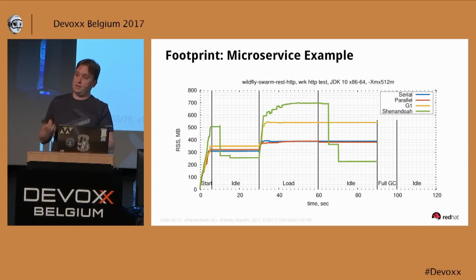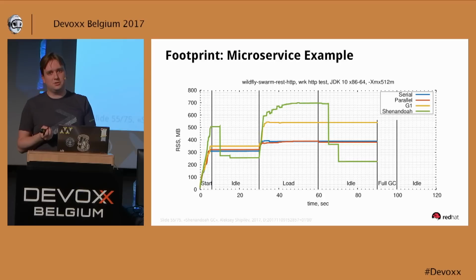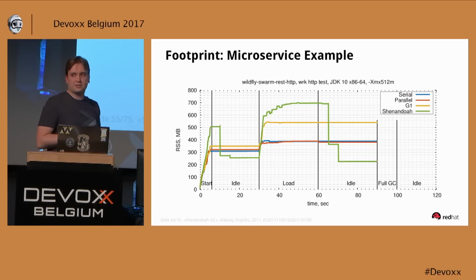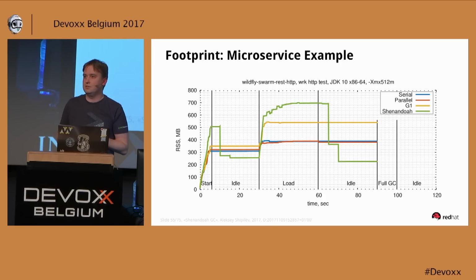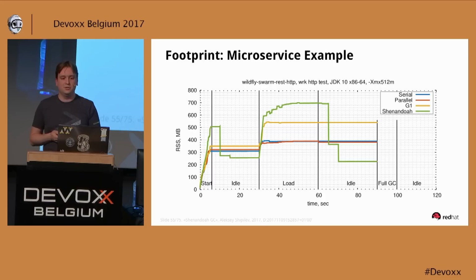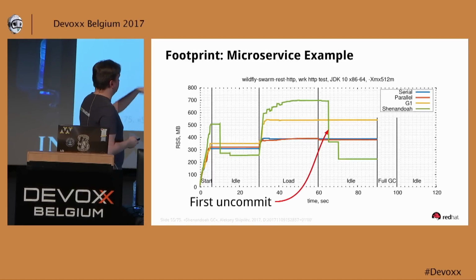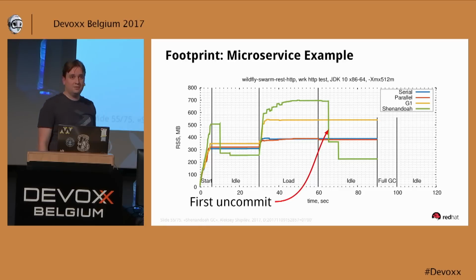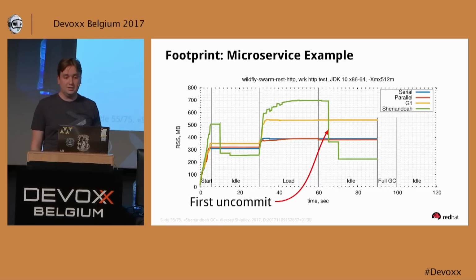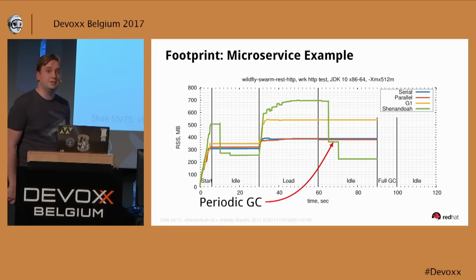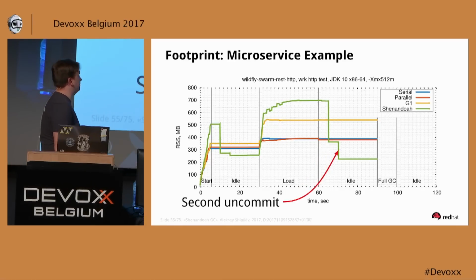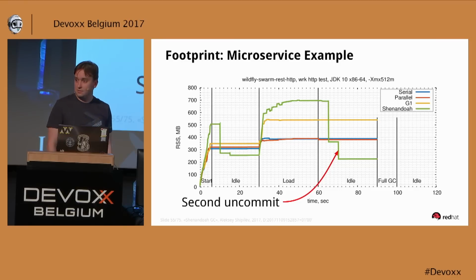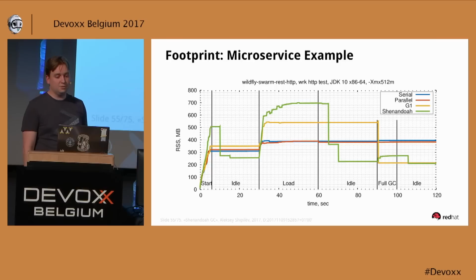Now, you can do a periodic GC, but if you have a stop-the-world GC, that means you're risking actual large pauses for the application. If you have a concurrent GC, you can actually do the periodic GC, right? So in this graph, for example, this is the first uncommit of the memory that we don't need. The second one is the periodic GC, which knocks out the floating garbage that was left around there, and so it falls to the bottom, right?